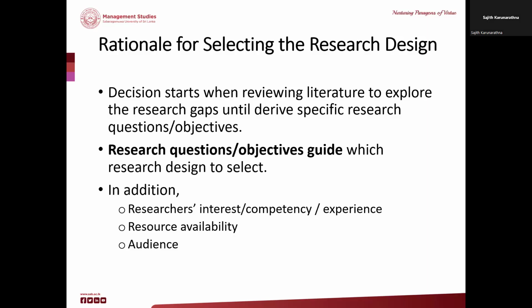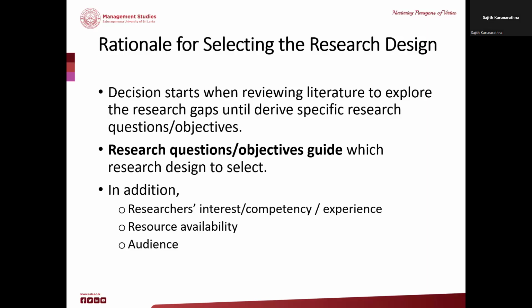So as I stated, in the first place, we can have some kind of understanding of whether I should proceed with Colli or Conti. But remember that the research questions or problems or objectives guide which research design to select.